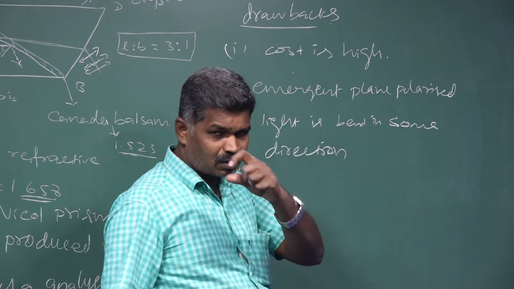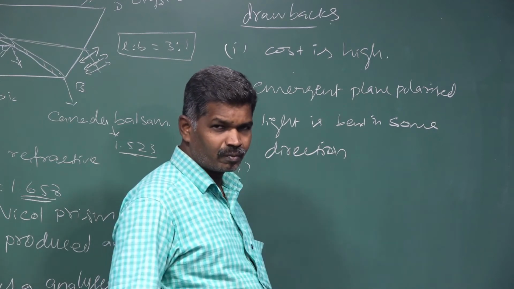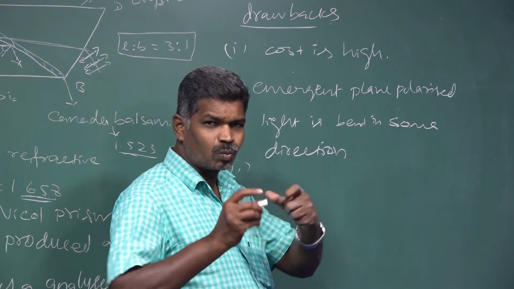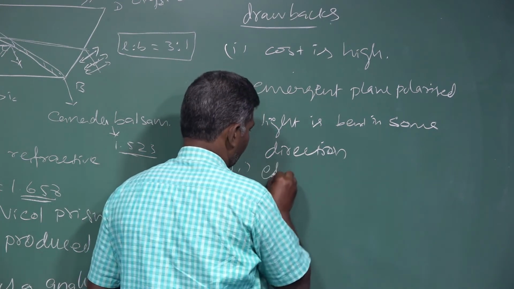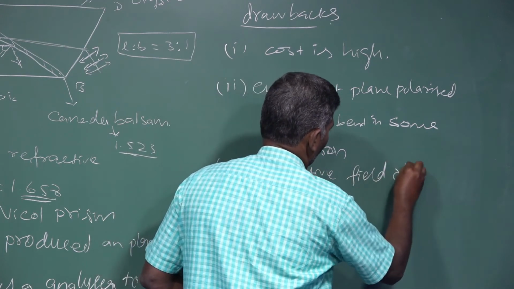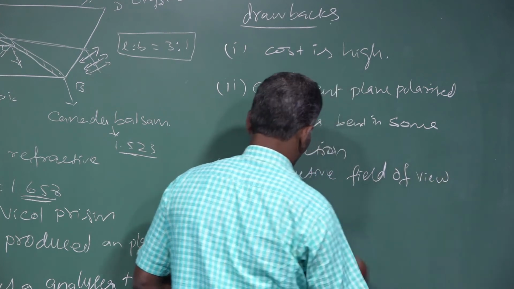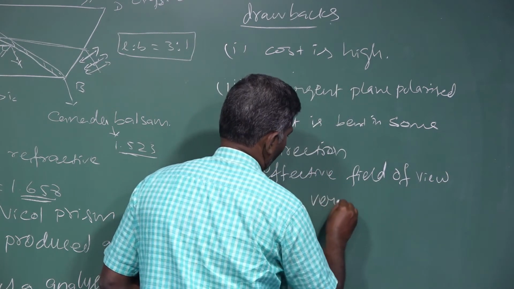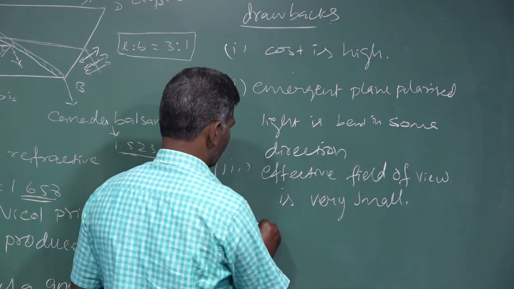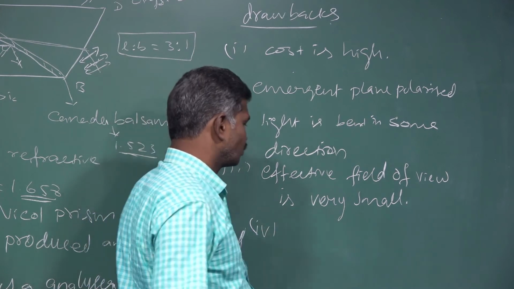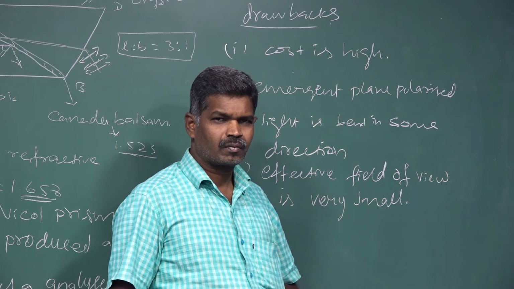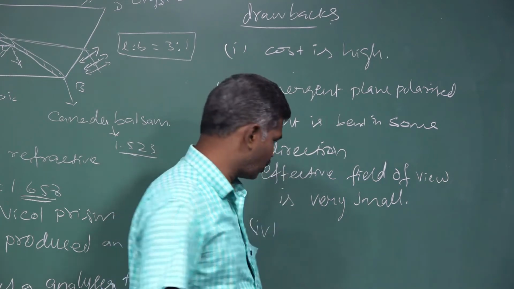The third point is field of view. The effective field of view is very small. And the fourth point is that the plane polarized light is not uniform.